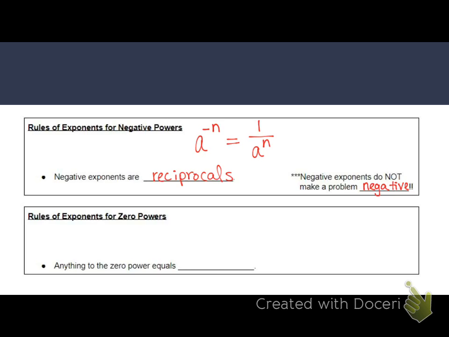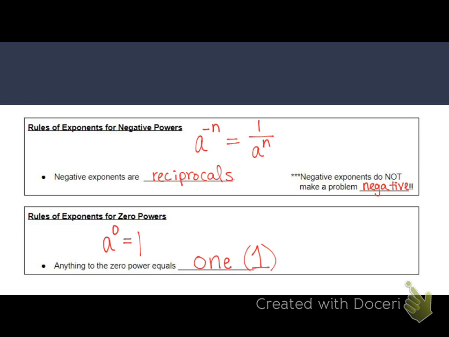On the same slide is our rule of exponents for zero powers. Anything to the 0 power equals 1. The number 1. So you could just put a big number 1 right there. That means a to the 0 power equals 1, or 2 to the 0 power equals 1.